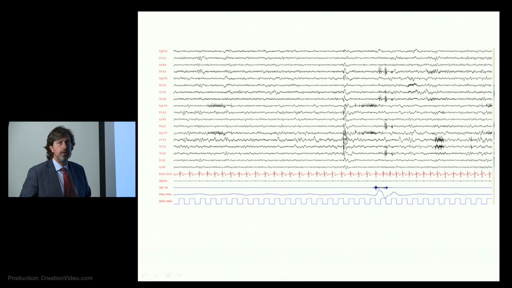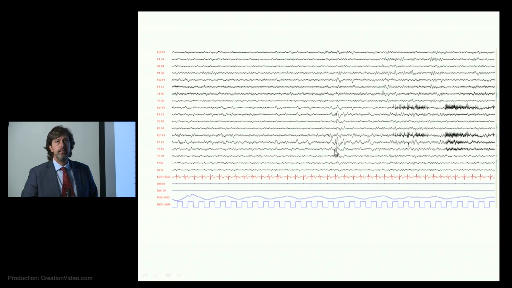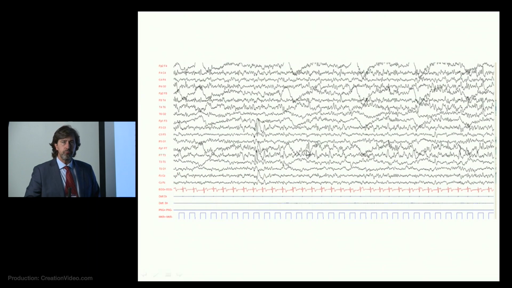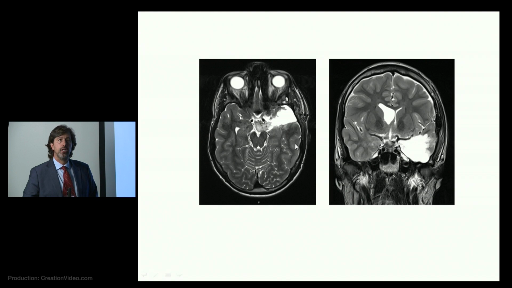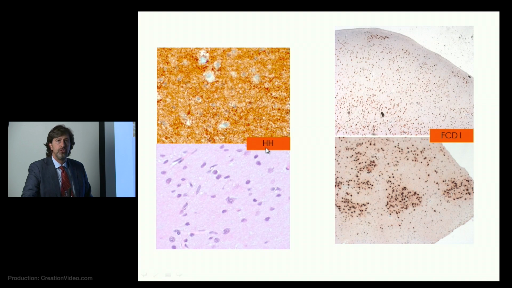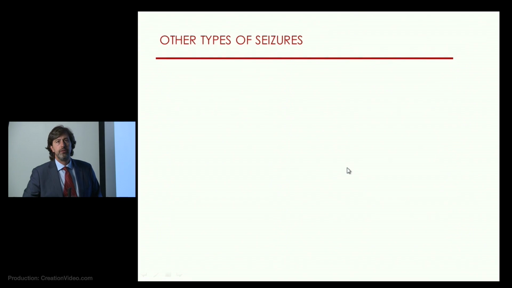You can see here again very fast spikes that sometimes you have also on the contralateral side, but much more evident on the left side, again with some low voltage activity over here, and here you have the activity that is more prominent during sleep. This patient was operated, and the hamartoma was removed and also the temporal lobe, and he had both pathologies, hypothalamic hamartoma and FCD type 1. So it's a nice association of two different lesions.